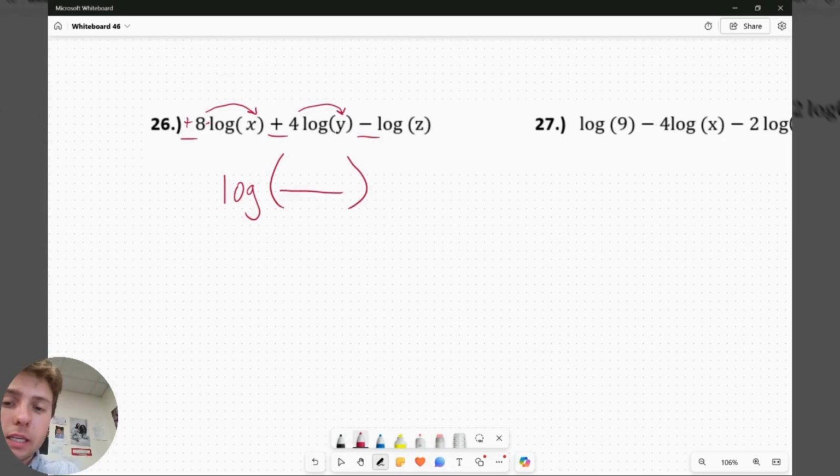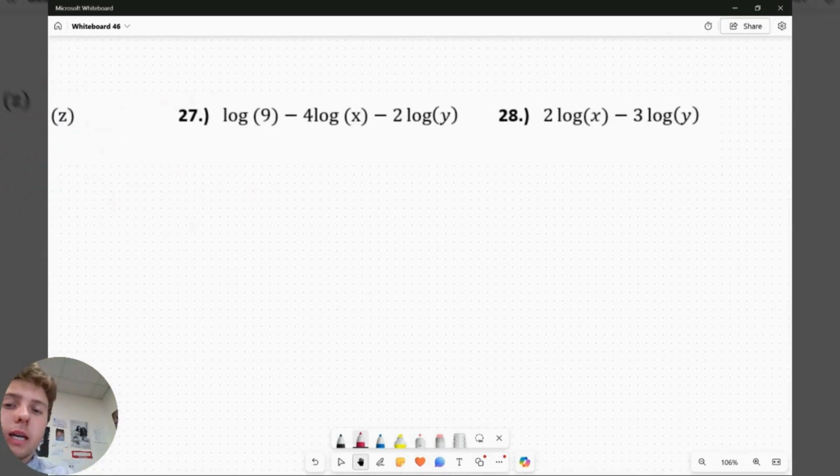So the x to the 8 is positive, so I know that must go on top. The 4 in front of the y is also positive, so that will join the x on top of the fraction, where those two components now are multiplying. The z that has the minus in front, there is no exponent with it, but there is the minus part. The minus always tells me to move it to the bottom.